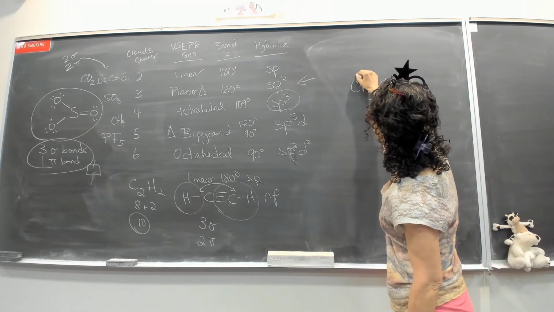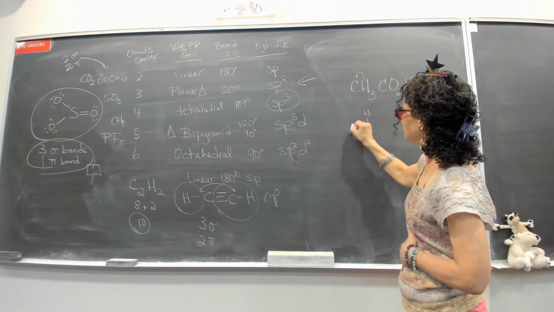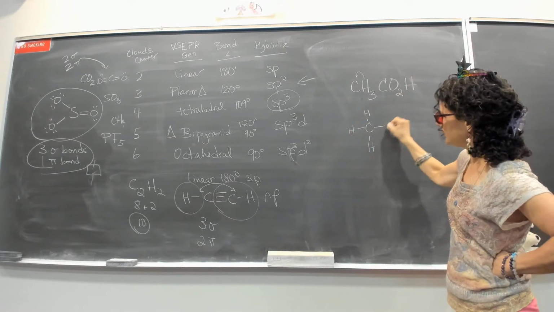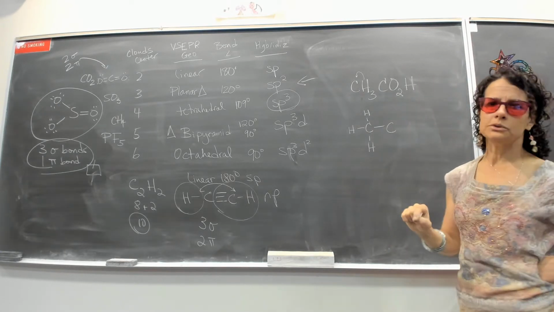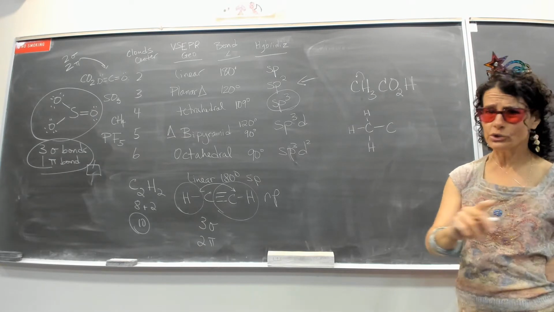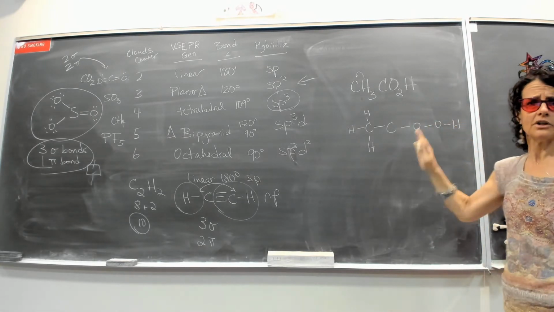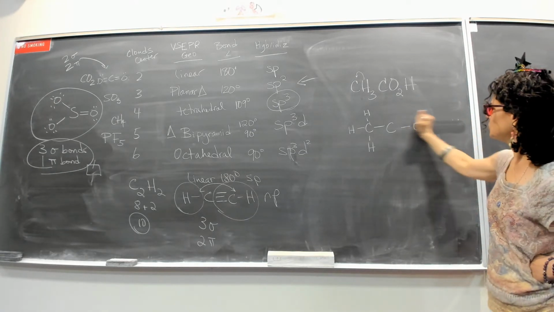This is saying these 3 hydrogens are on the carbon. So we draw the carbon, we draw the 3 hydrogens around, and then we have another carbon. Carbons love to bond to each other. And then there's going to be 2 oxygens and a hydrogen. Now don't do this. This makes no sense at all. First of all, the carbon wants 4 bonds. The oxygens really don't like being like that, strung out.